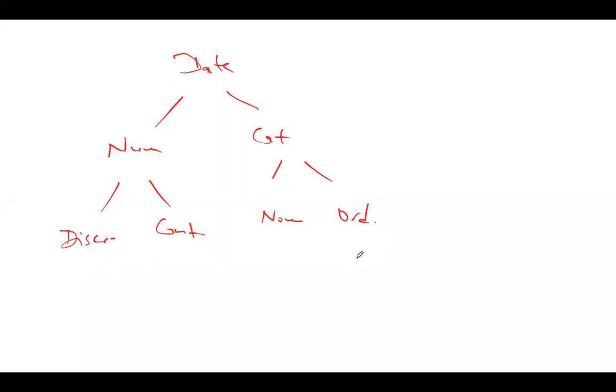Examples for ordinal data are educational level, or satisfaction, which can be low, medium, or high.